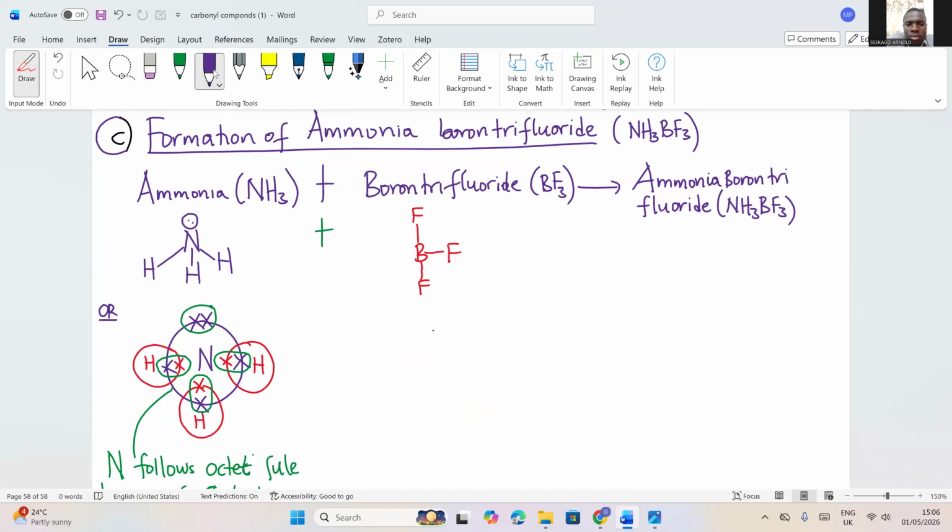So we have boron transferring electrons to fluorine. So here we have F. This is an ionic compound: B, F, F, F.